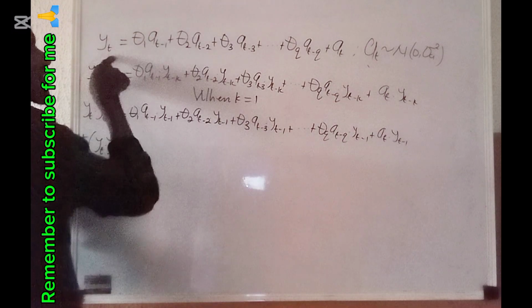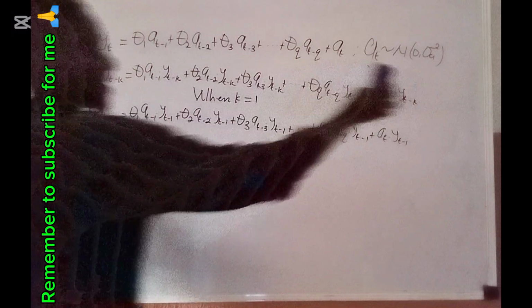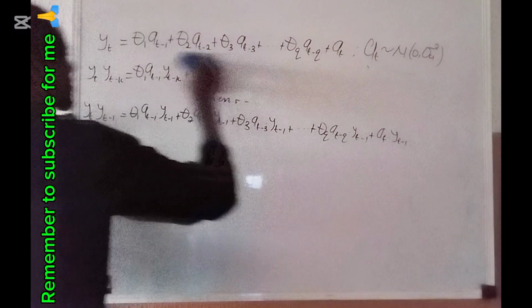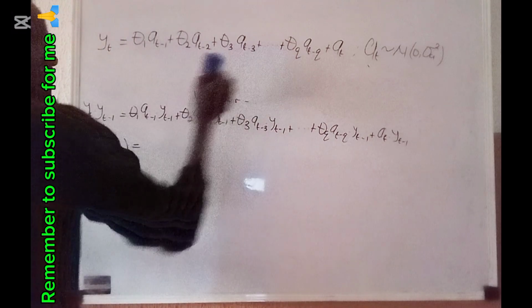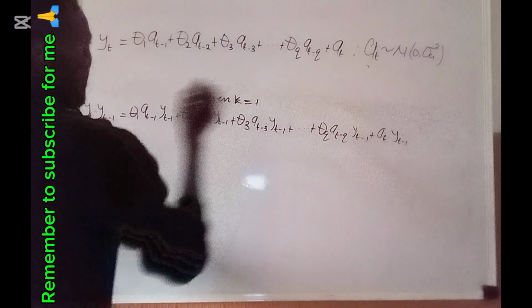Another thing I want to remind us is this. If you express this one as y of t minus 1, let me show you something up here. So we are discussing when k is equal to 1.